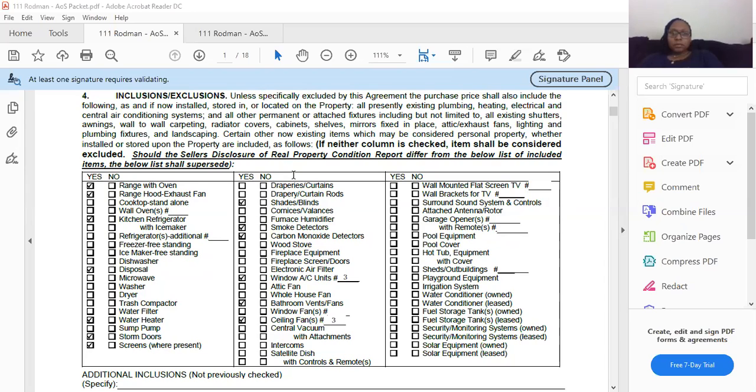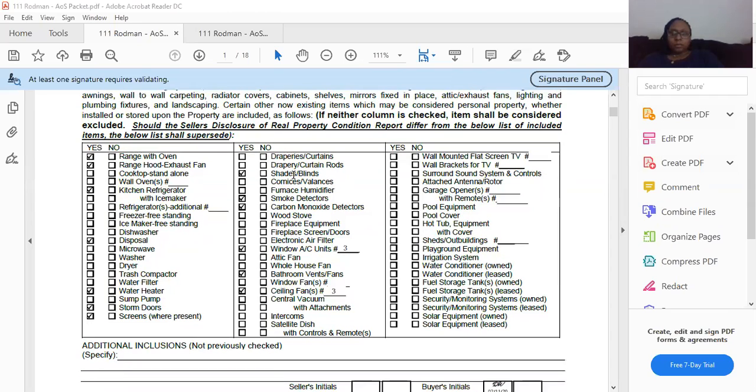Working order, correct. Now, also in the document section of Bright, there may be an inclusions and exclusions list. Let's say there was this beautiful chandelier in the dining room and you fell in love with that chandelier. And you look at those documents and you see that it's in working order. They're probably going to check that on the seller's disclosure, but on their exclusion list, they're going to exclude that chandelier.